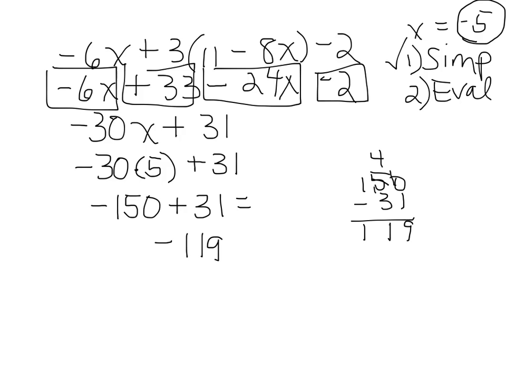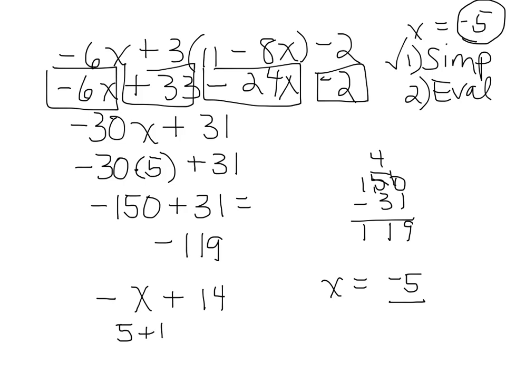Just one thing, though, I want to show you. Say you simplify something and it says negative x plus 14. And x is, I don't know, say negative 5. Remember, there are two ways to think about this. You could say the opposite of x, plus 14. And if x is negative 5, the opposite of x is 5.